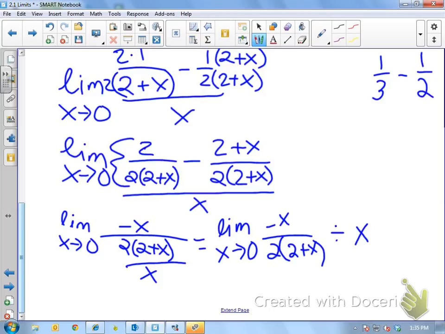But for me, I need to write it out with this old school divide sign, so I can say, okay, this is going to change to times, and this is going to become 1 over x. So that helps me with my fraction division. And then we could simplify again. What would cancel on this one? The x. And then we could plug stuff in.